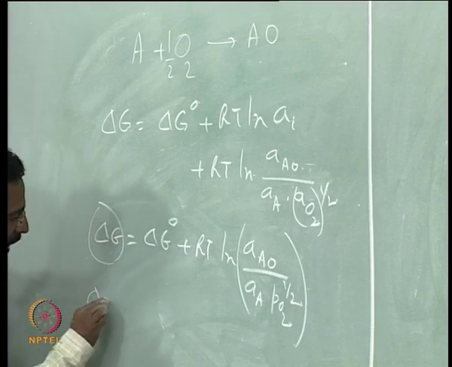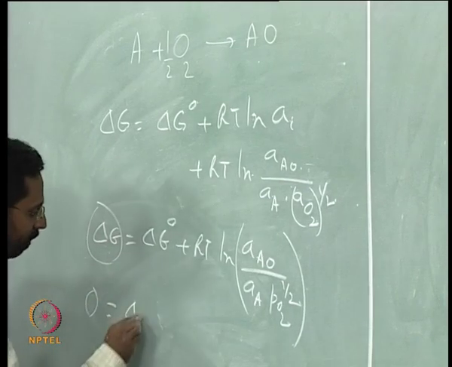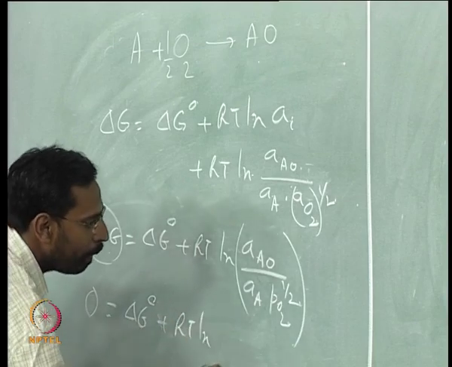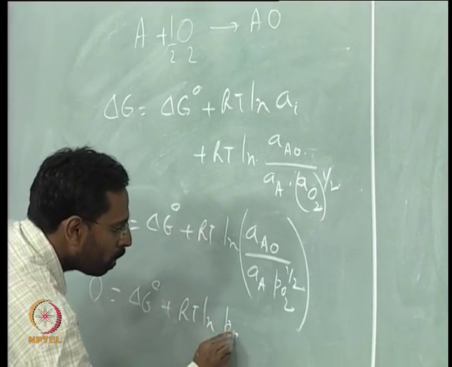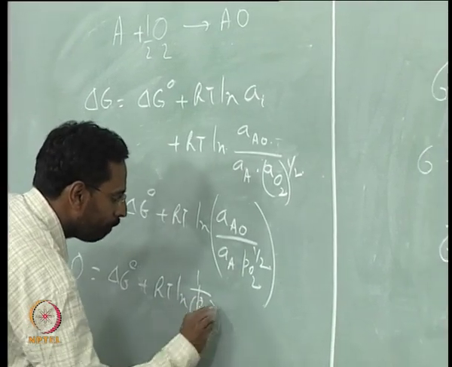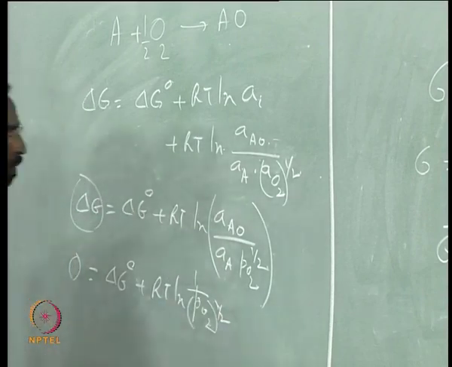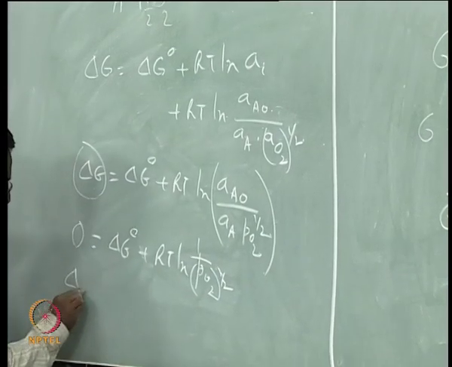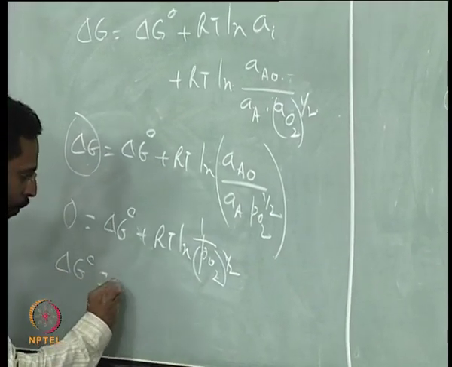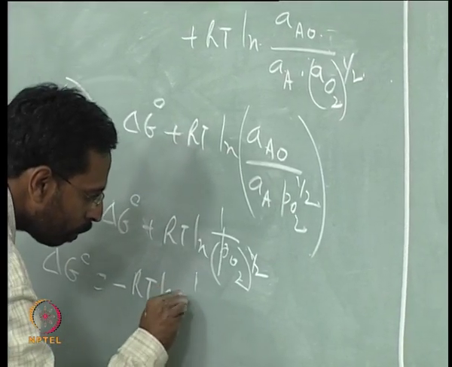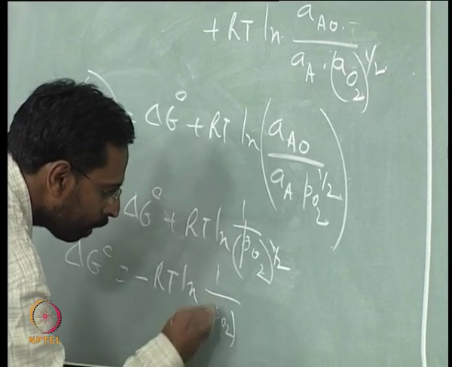So, you can write 0 is delta G naught plus RT ln of 1 by PO2 to the power half. And this is where we say the delta G naught is equal to minus RT ln of 1 by PO2 to the power half.